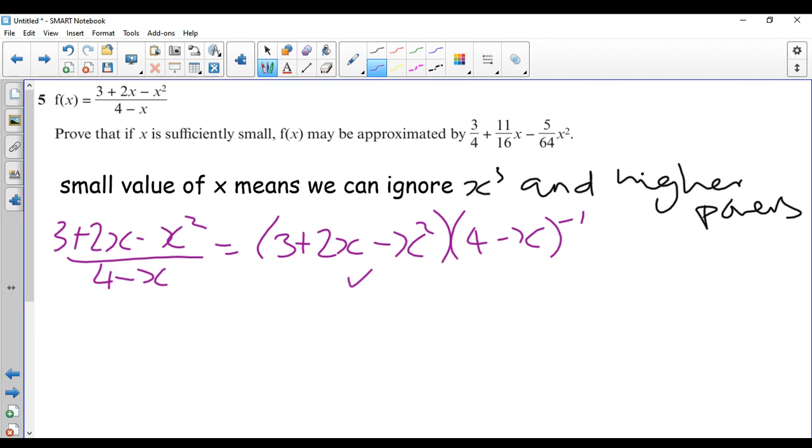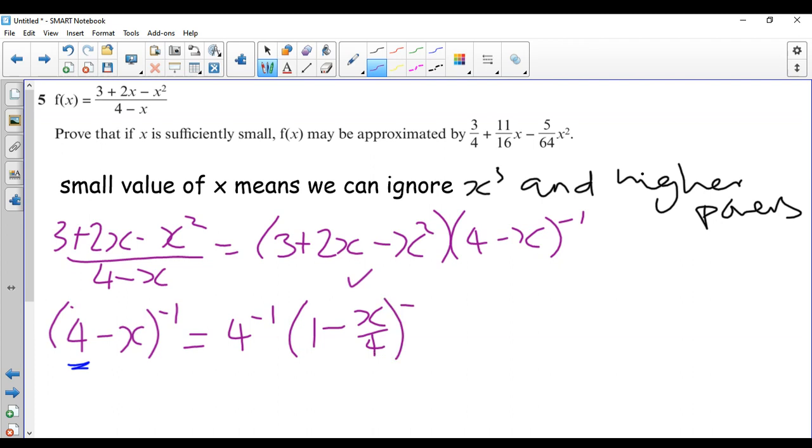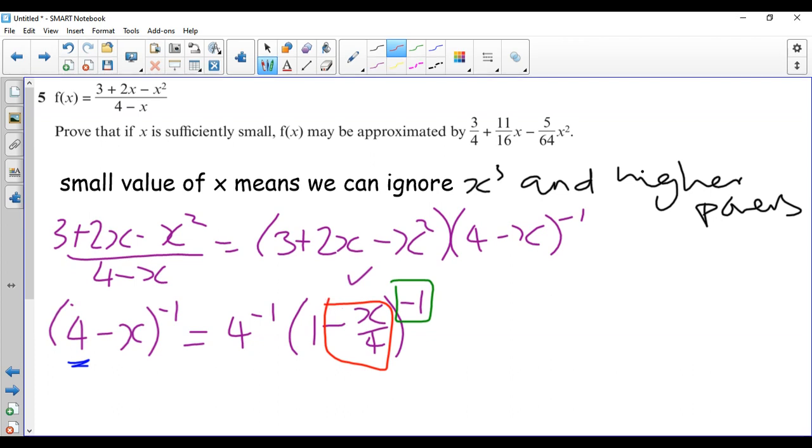So, I am going to take my (4 minus x) to the minus 1 and expand that. That is not a 1, so I am going to factorise out the 4 to the minus 1 to leave (1 minus x over 4) to the minus 1. So there's my power, there's my x. You'll notice I include the minus sign when I circle that part because it is important.